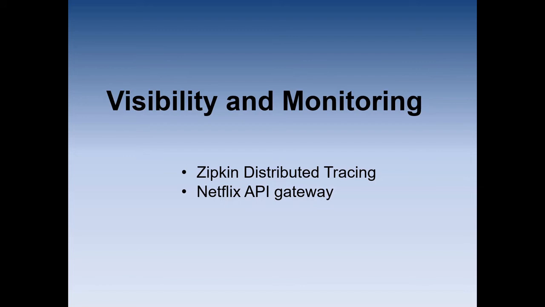There could be 50, there could be 100. How will you look inside the microservices? For that we will be using the Zipkin distributed tracing mechanism and the Netflix API gateway. Nothing to worry about; we will discuss everything in detail and make sure you understand.